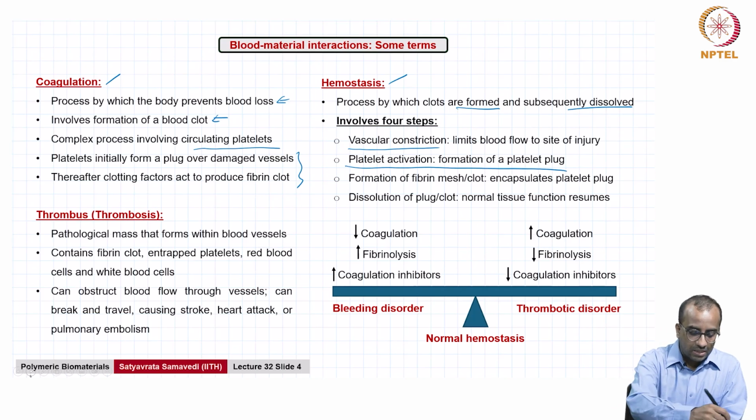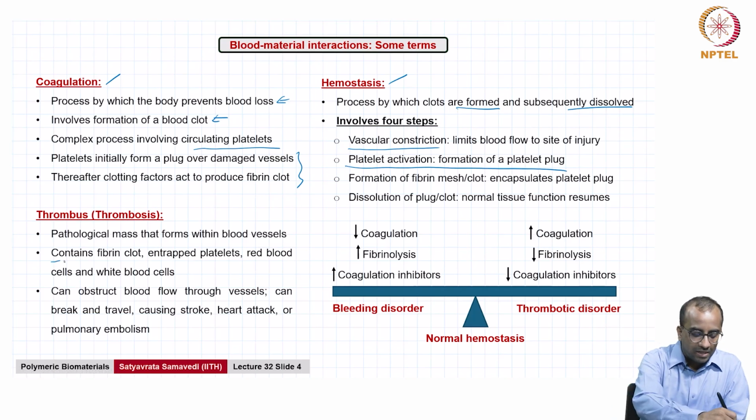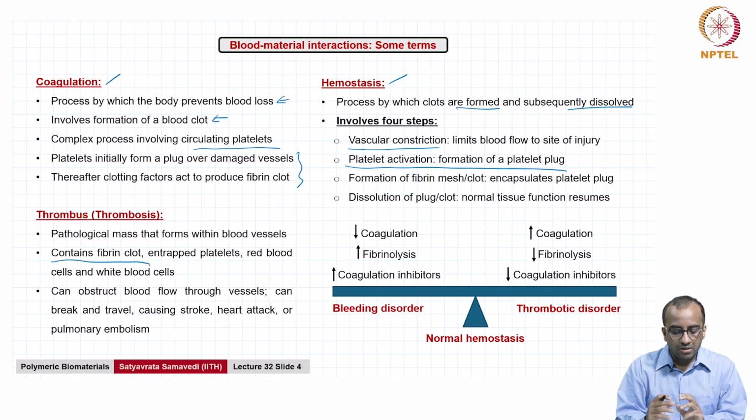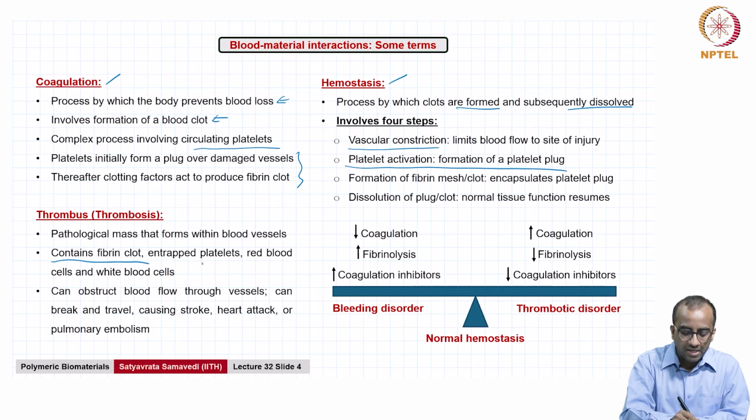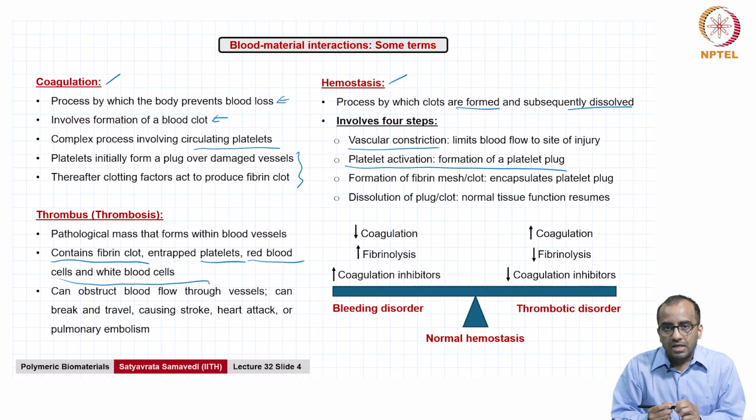So, this is again more of a broader term that is used to describe the fibrin clot with the entrapped platelets, red blood cells and white blood cells. And thrombus formation can be quite problematic, although it is very difficult to avoid thrombus formation with implanted biomaterials.